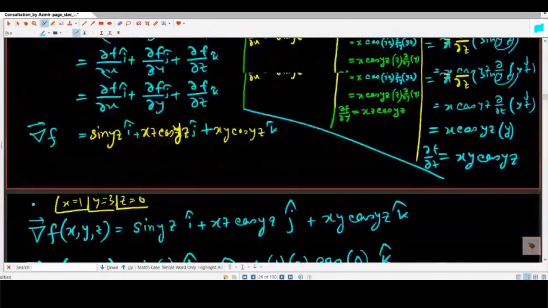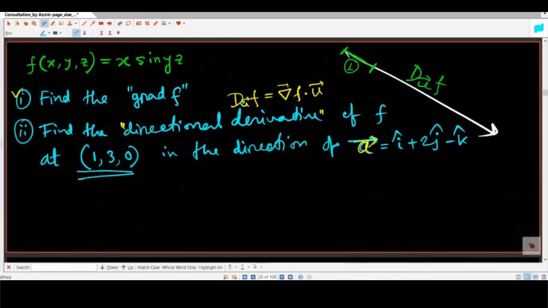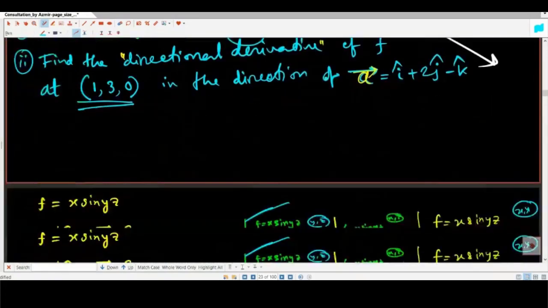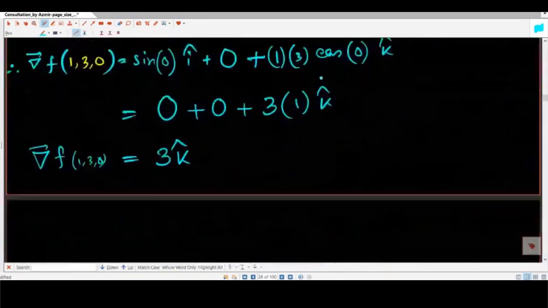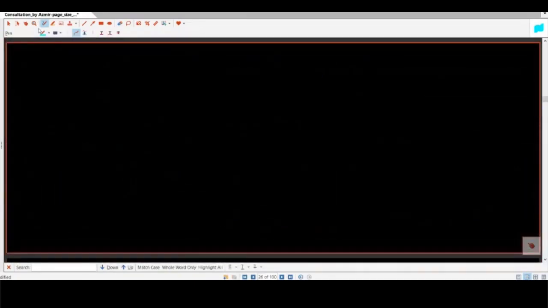So our target is to find the directional derivative. The directional derivative is denoted by this symbol, and it is equal to grad f dot u, where u is the unit vector. So let us write the formula of the directional derivative.